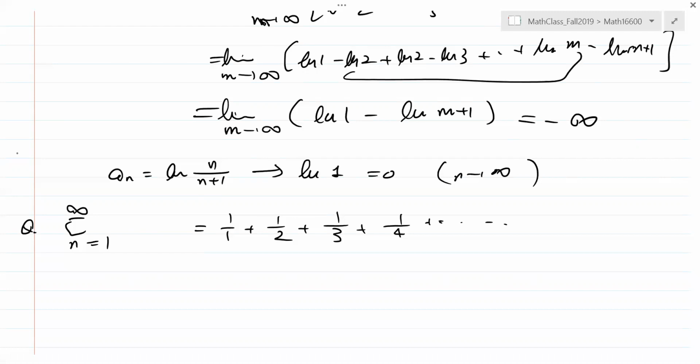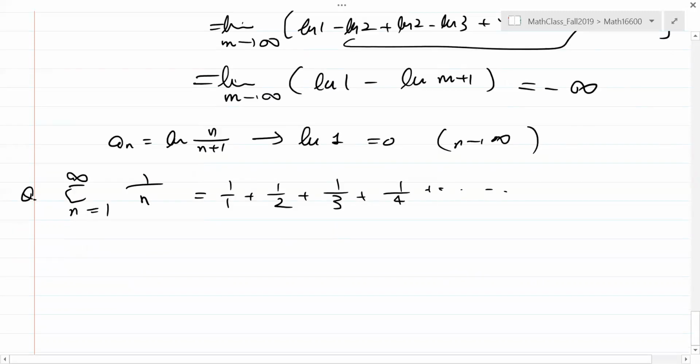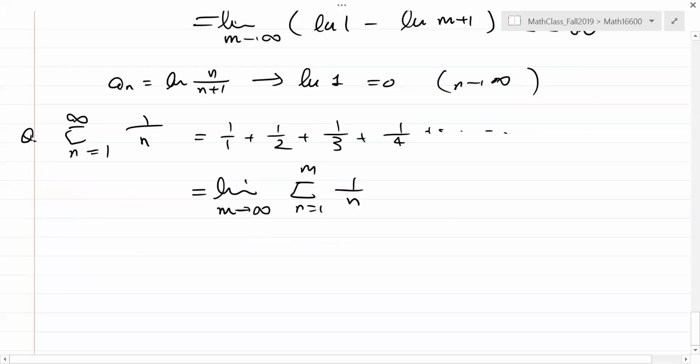In fact, you have to look at this, the limit, right? It's going to be the sum of 1 over n from 1 to m, right? So you want to make sure this is defined. This convergence, it's increasing, right? This S_m, which is called the finite sum, okay?